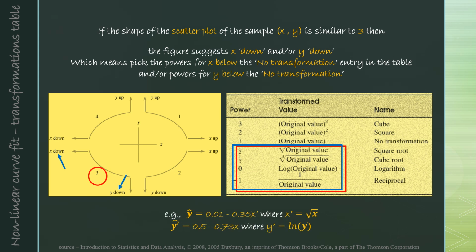Example, y hat equals 0.01 minus 0.35 multiplied by x prime, where x prime equals square root of x, or y prime hat equals 0.5 minus 0.73 multiplied by x, where y prime equals the natural logarithm ln of y.